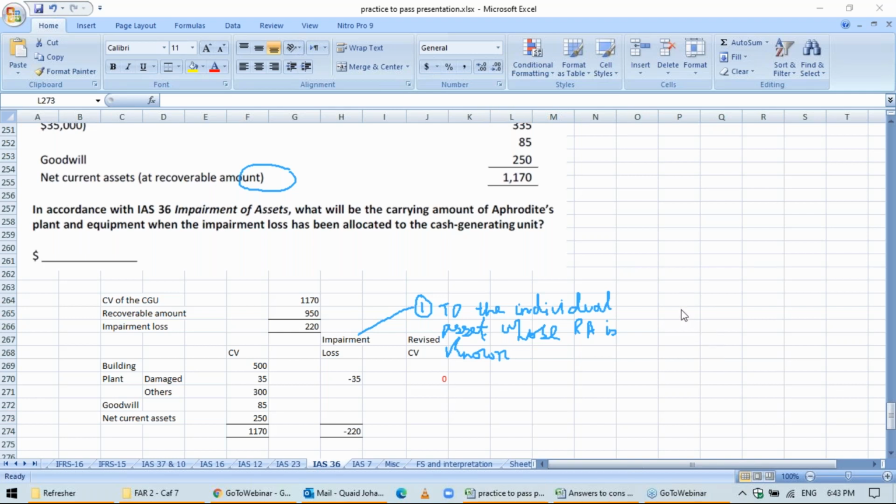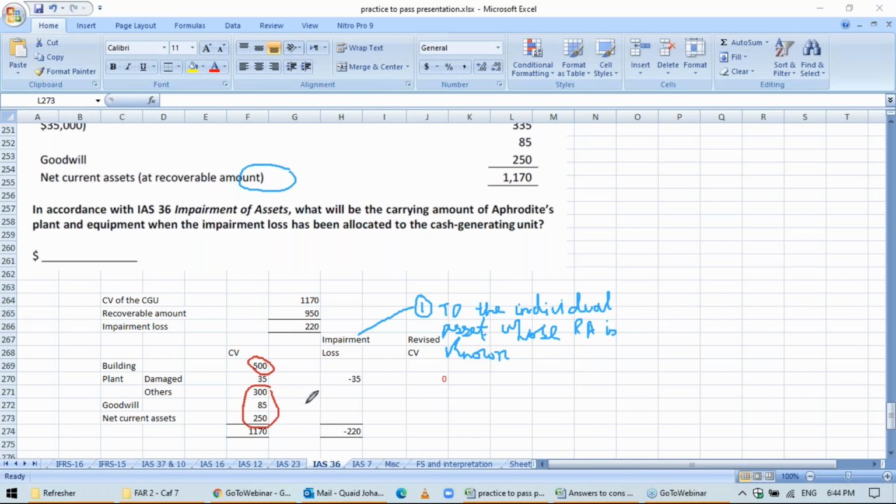Other than the damaged plant, we have the building, other plant, goodwill, and the net current assets. So now I will treat the cash generating unit, which includes these 4 items in the red circle, right? So the first turn will be goodwill.